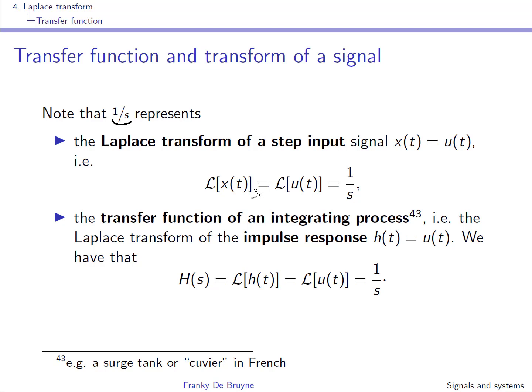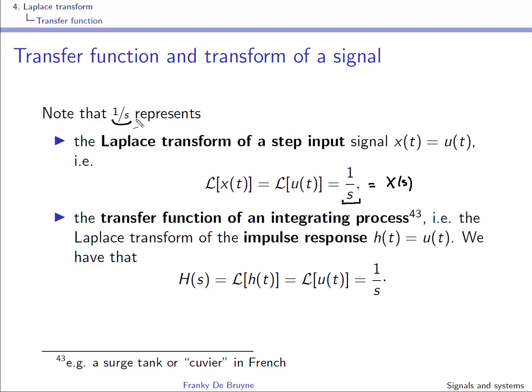If the x of t is a step, well, its Laplace transform is 1 over s. So this means that in this case you have a system and you would like to know the step response. So 1 over s will actually be x of s here.